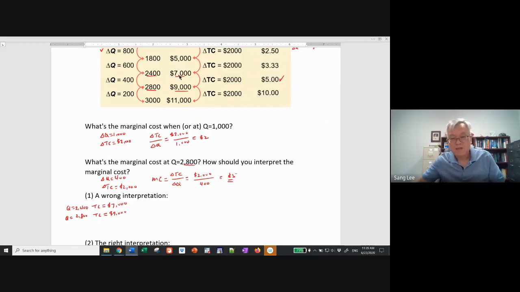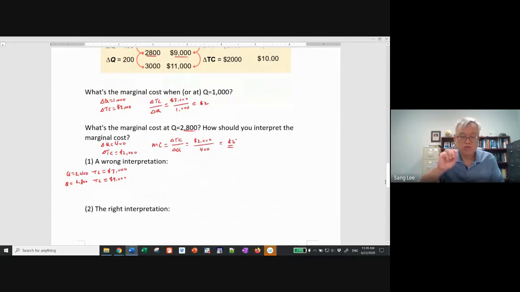One of the most common mistakes students make when they interpret marginal cost is like this. The wrong interpretation, I'm giving you an example, okay?